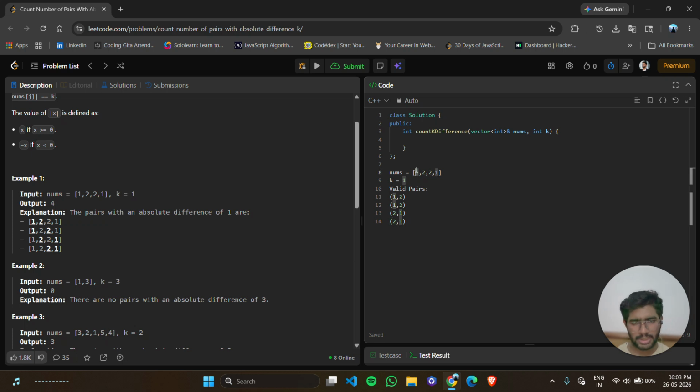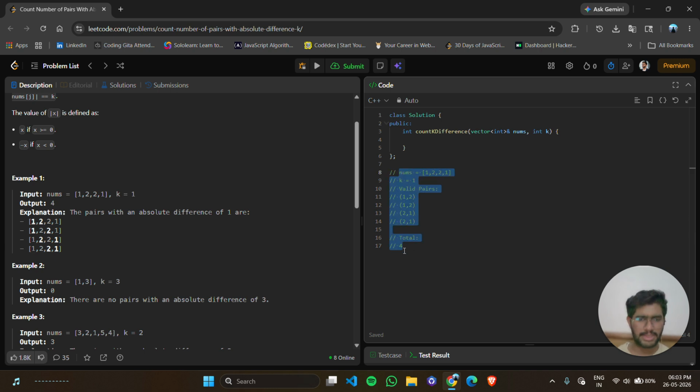You can see index 0 and 1, index 0 and index 2, index 1 and index 3, and index 2 and index 3. I hope you understand this. Now the total will be 4. So 4 is our answer.